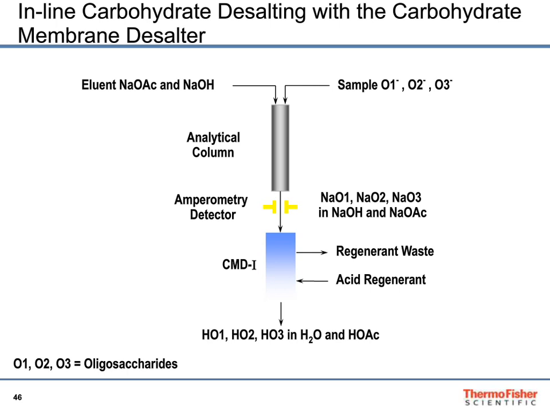Now we can actually use a smaller device than this, a 2-millimeter suppressor, and put it right online to a mass spectrometer. Obviously, we don't want to put sodium hydroxide in a mass spectrometer, but weak acetic acid is okay.